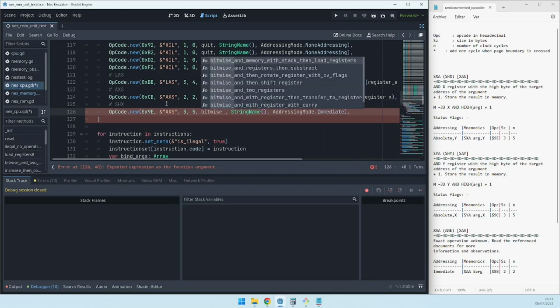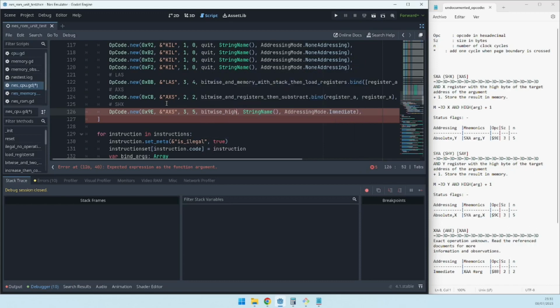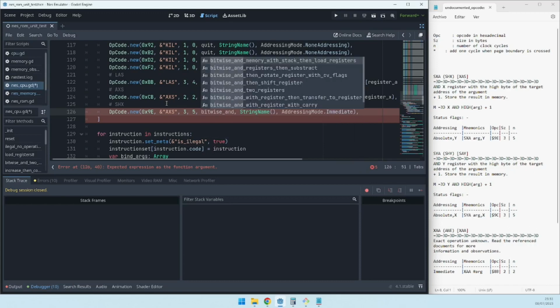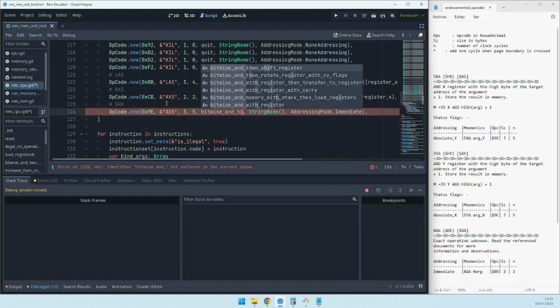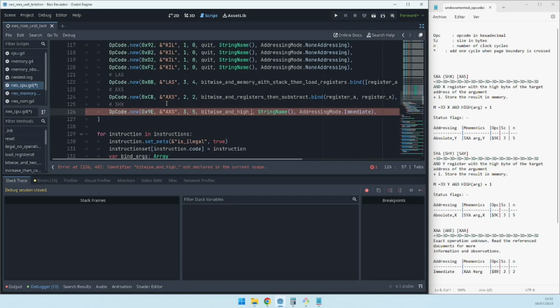Bitwise AND high address byte with register.